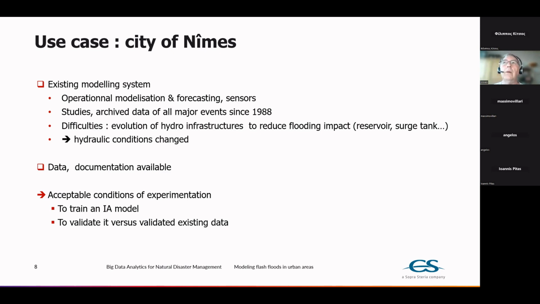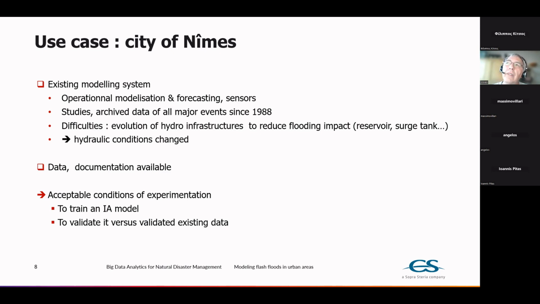So they have a model running, and they have data because they archive everything; they installed many sensors since 1988. We had a good relationship with the city council, and they were okay to let us use this historical data.